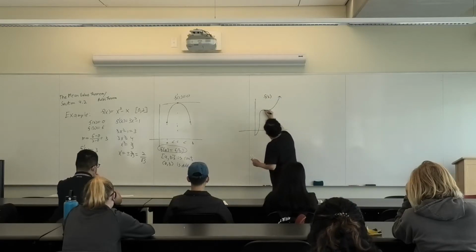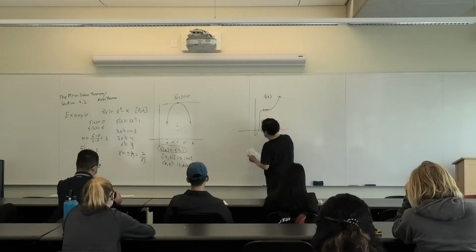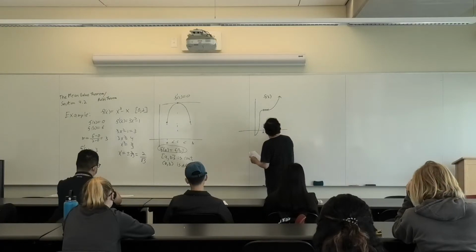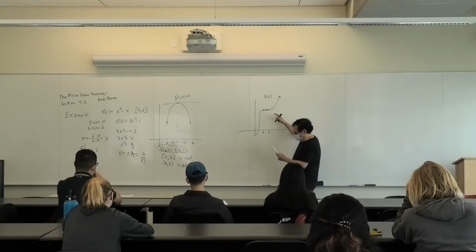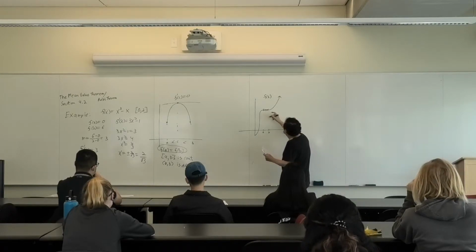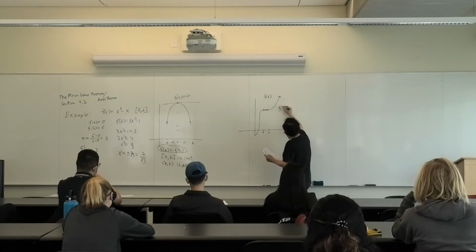And let's say on some interval here, call this A and D, that on that interval, the derivative is 0.